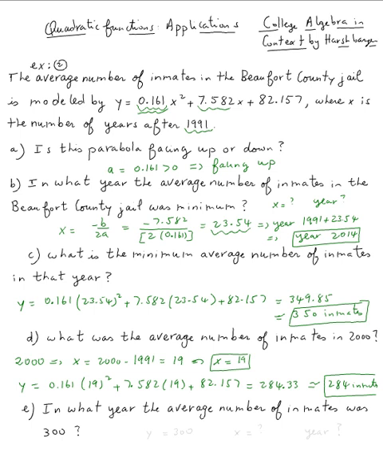Now for question E: in what year was the average number of inmates 300? So the y is given, y is 300 inmates. We need to look for x, and then once we find x, we can find the year.